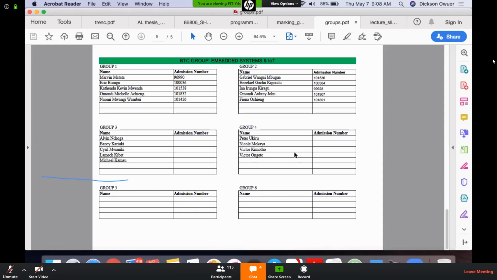Okay, and how many groups are there? So maybe it seems you have a list that I don't have. In that list that you have, how many groups do you have? Two groups? No, it has to be 4. So I can see that group 3 and 4 is one group. Okay, but do we have Alvin, Bansi, Cyril, Lamek, and Michael?